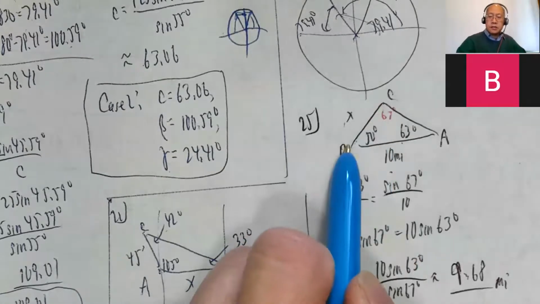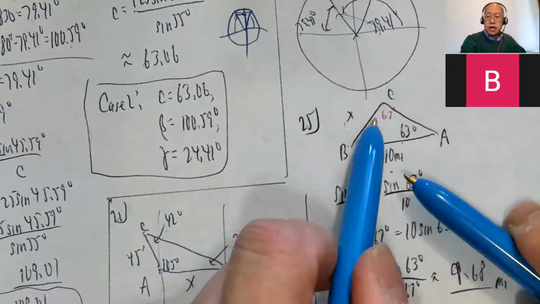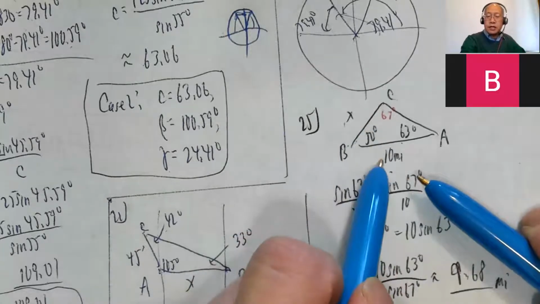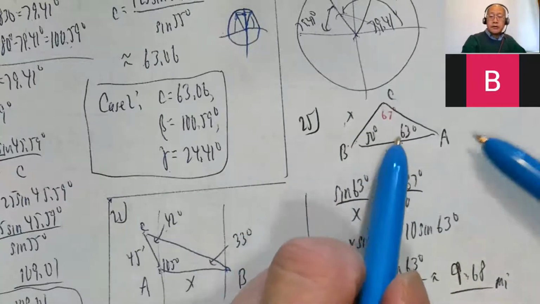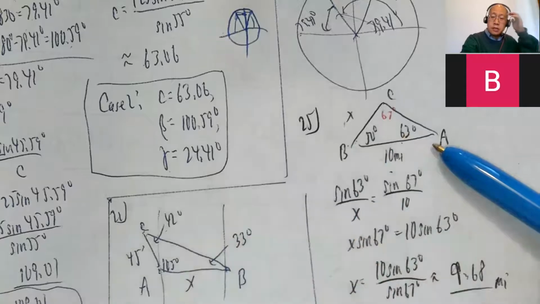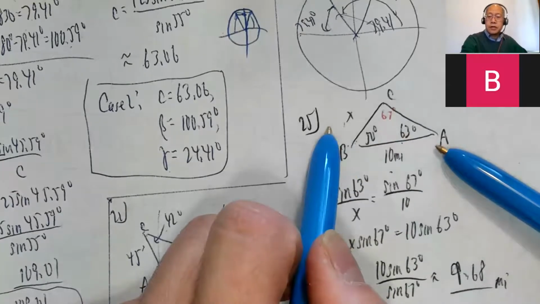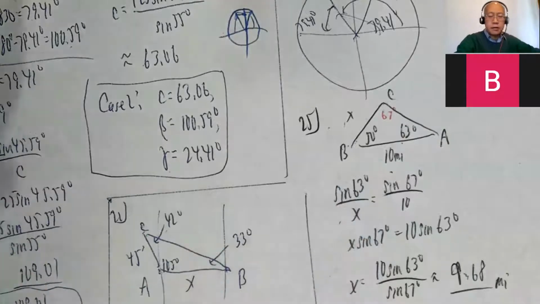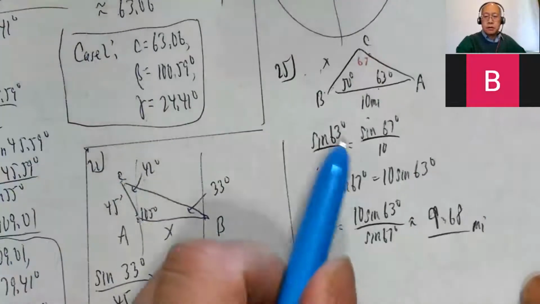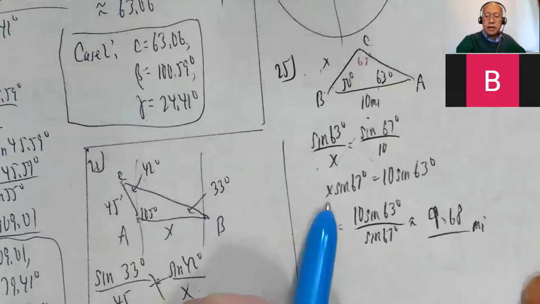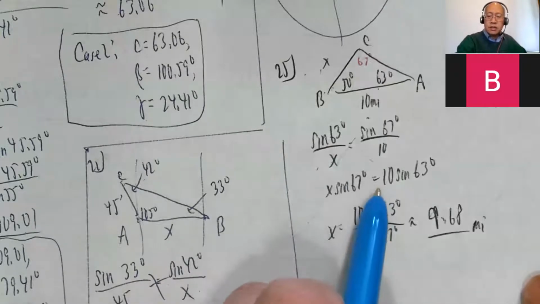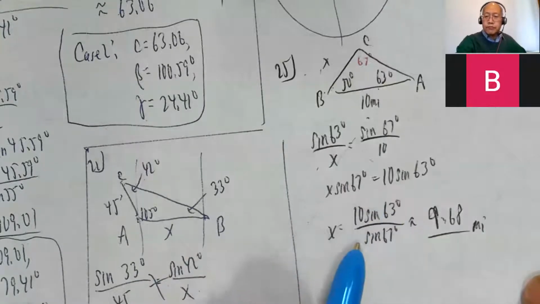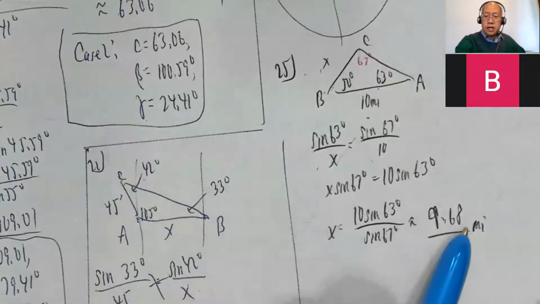They want this distance. So sine of 67 degrees over 10, opposite. So sine of 63 over X, sine of 67 over 10. Cross multiply. X sine of 67 equals 10 sine of 63. Divide by sine of 67, 9.68 miles.